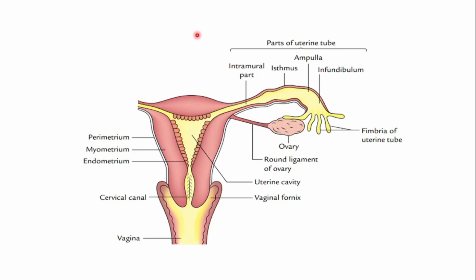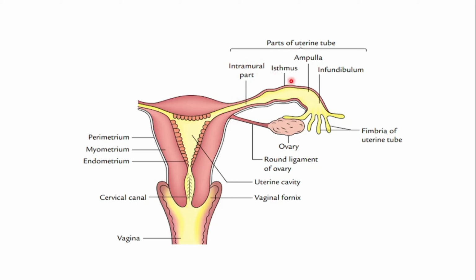This illustration shows the organs of the female reproductive system. We have the fallopian tube with its different parts as shown. We have the uterus with also its different parts, and then we have the vagina. So the fallopian tube has the intramural part, which is embedded inside the uterus.